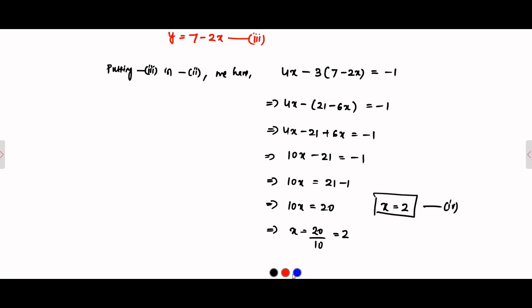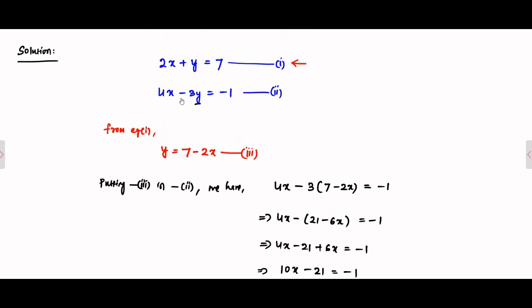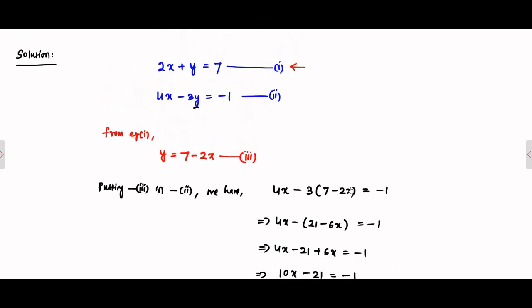Now we can put this x is equal to 2 in any of these two equations, that is 2x plus y is equal to 7 and 4x minus 3y is equal to minus 1, any of these two to get the value of y. So we have got x is equal to 2.